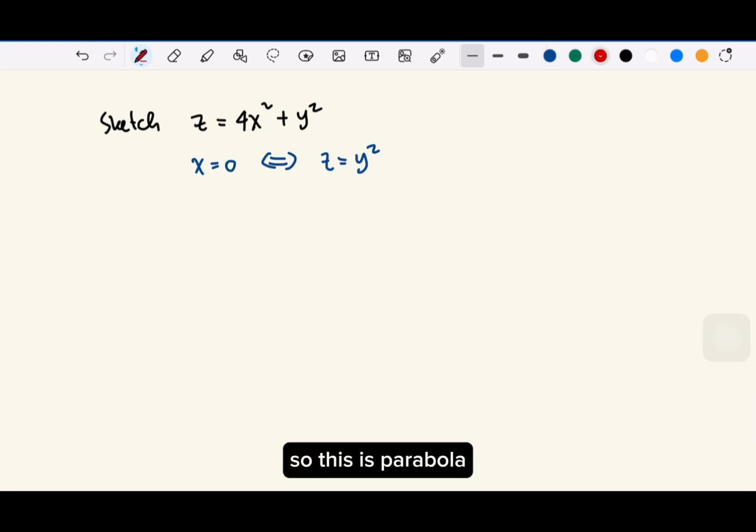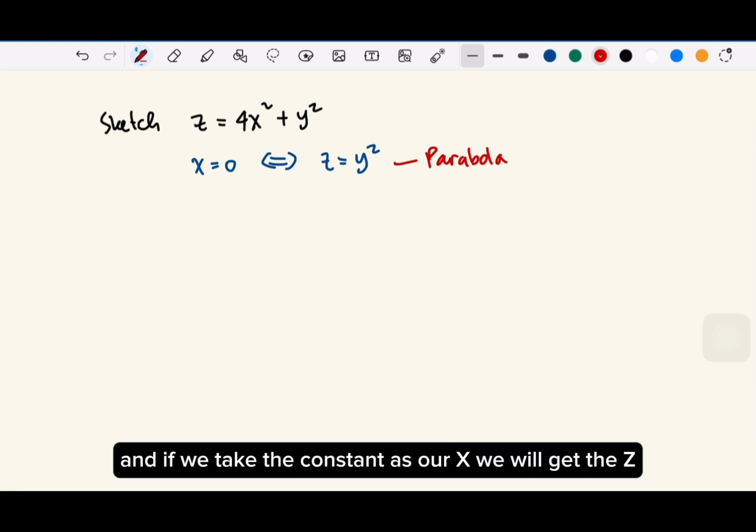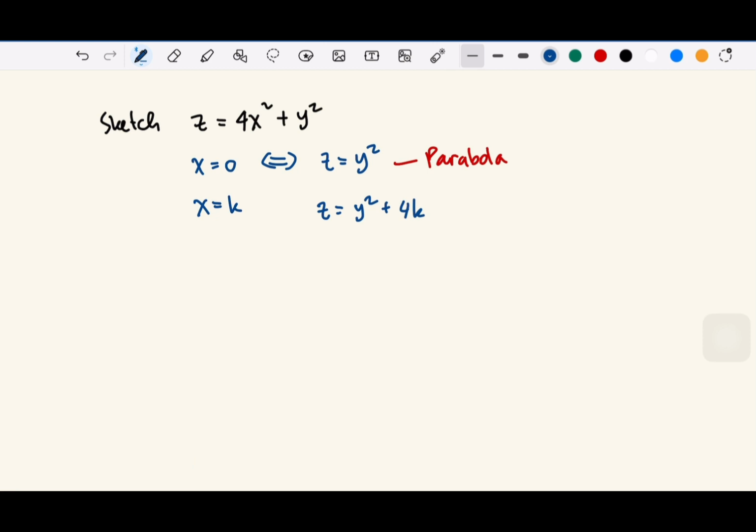So this is parabola. And if we take the constant as our x, we will get z equals y squared plus 4k y plus 4k squared.